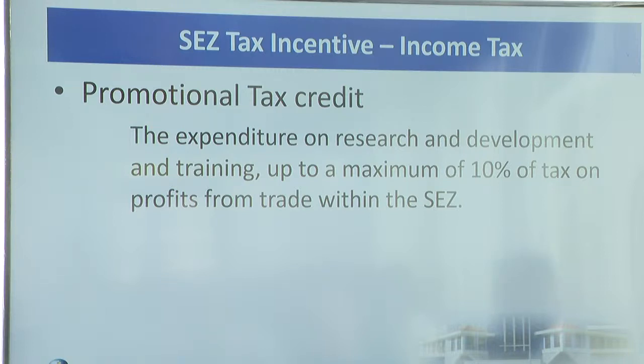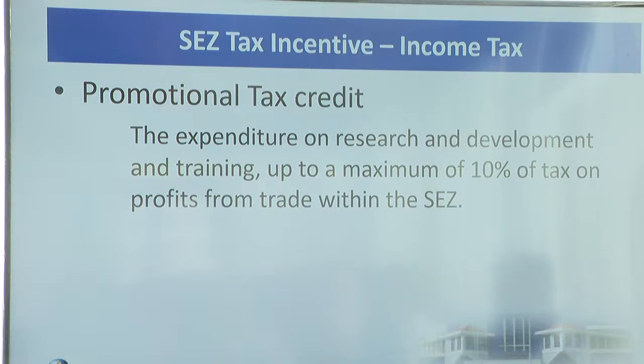What it's basically saying is that you look at your research and development and training expenditure, and then you look at 10% of your tax from trade within the SEZ. Then you take the lower of the amount.